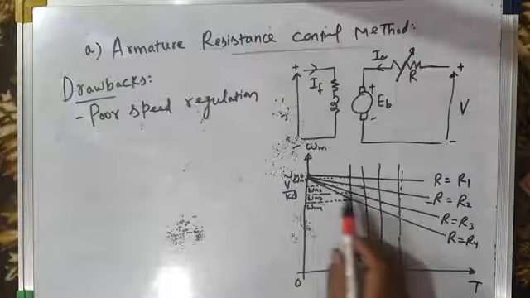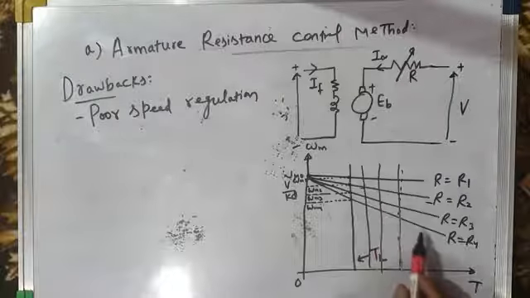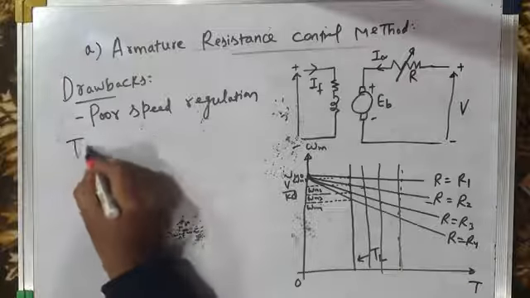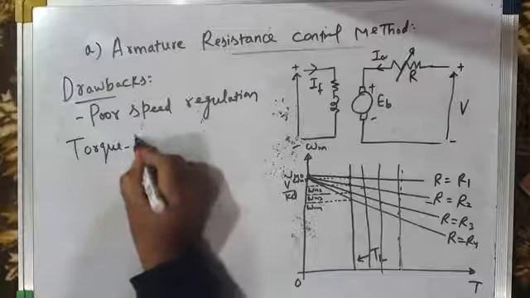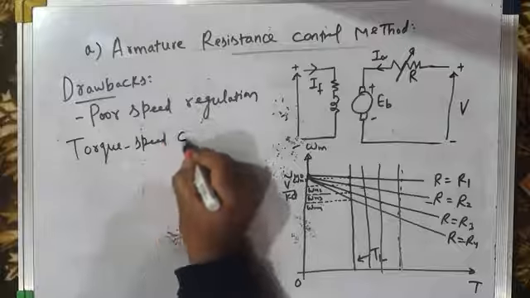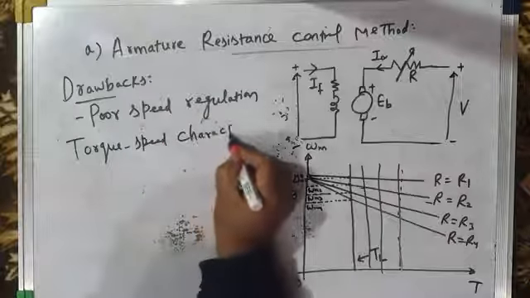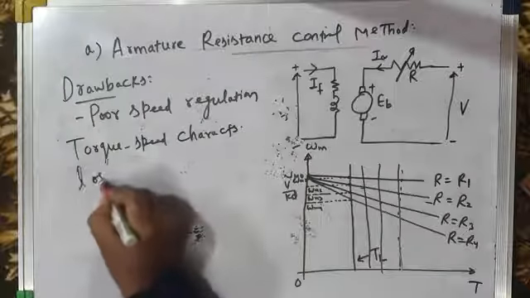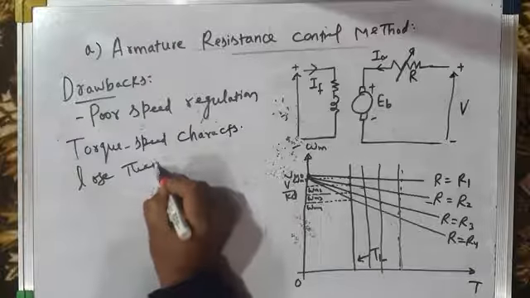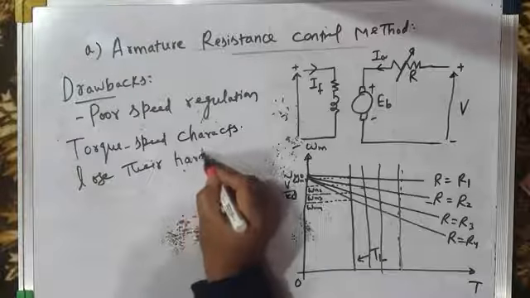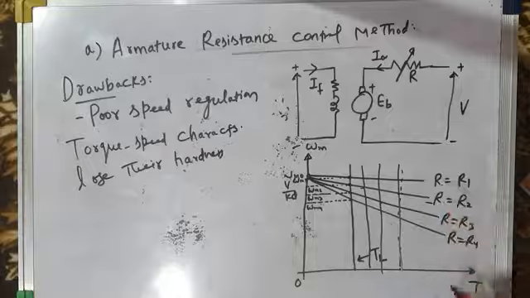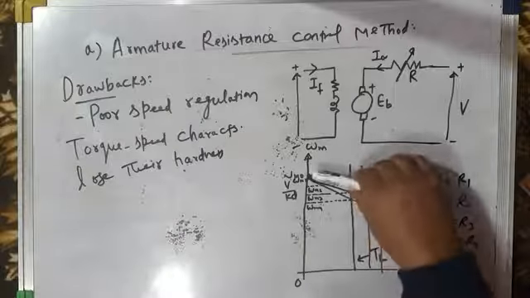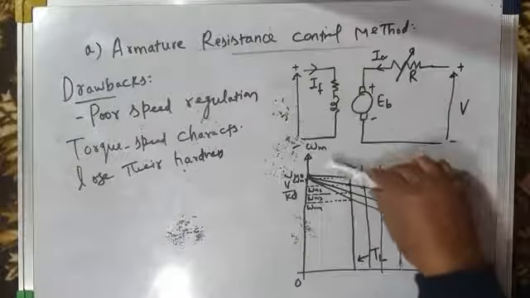In other words, the torque speed characteristics lose their hardness. What does this mean? This means that as you increase the armature resistance, the slope of torque speed characteristics goes on increasing and increasing.